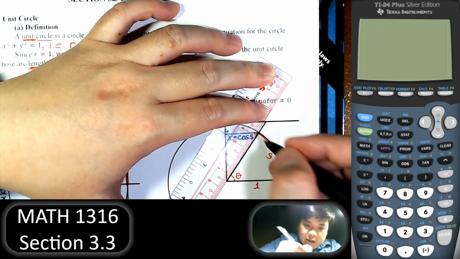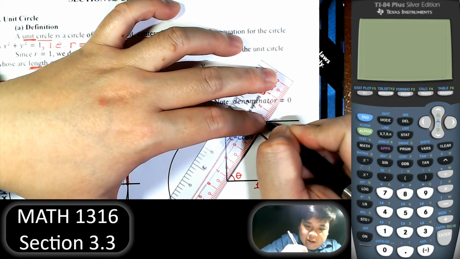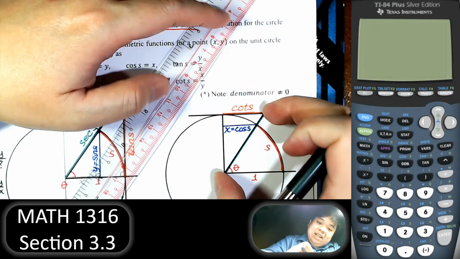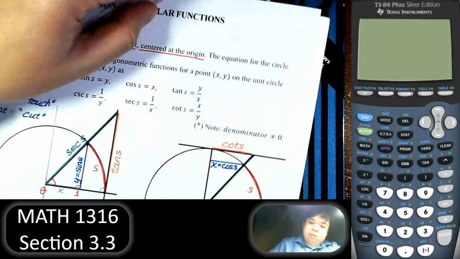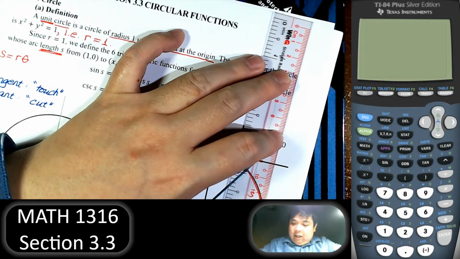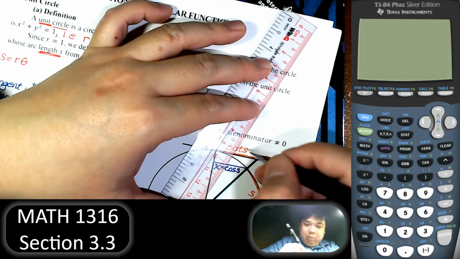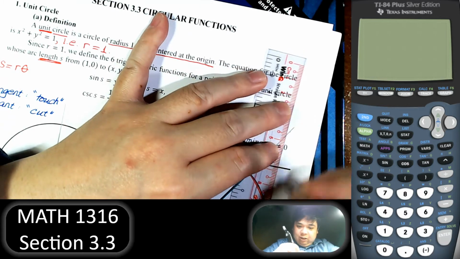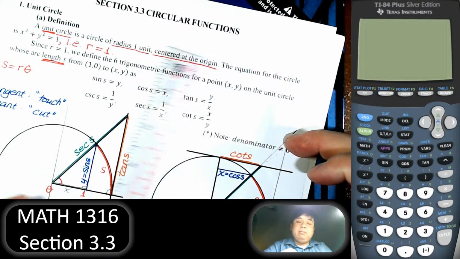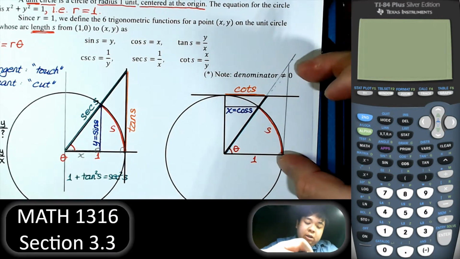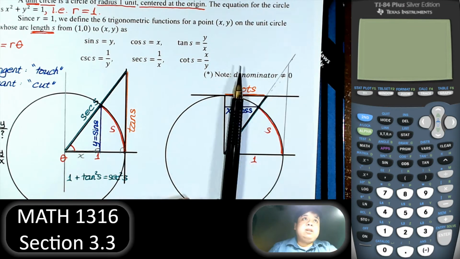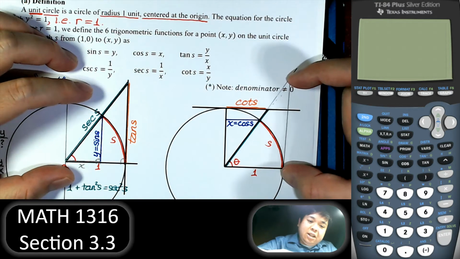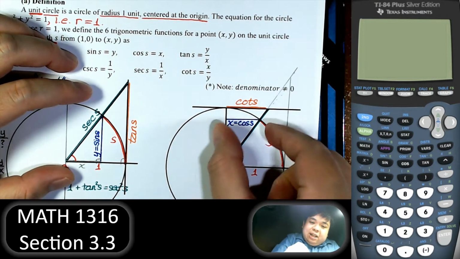Yes. By the way, this line is different than this one. If we have to extend that over here to have the same. So this is tangent. This is cotangent.